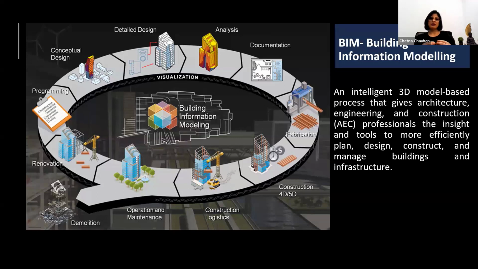Just for example, if you create a room, you add the dimensions, the square footage, the material, the placement of sockets. Everything that we put into that particular drawing or model is a piece of information, or something that we call these days data.